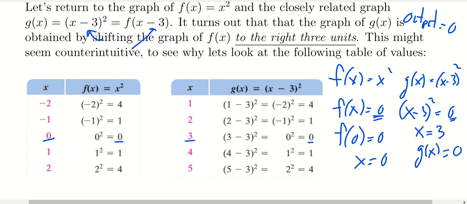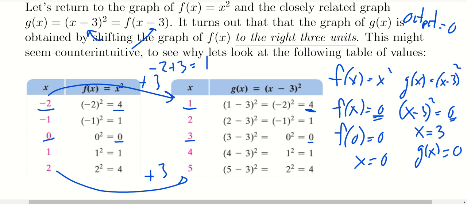Likewise, the value you would get if you plug negative 2 into the function f would be obtained by plugging in negative 2 plus 3 more, which would be 1, into the graph of g. So the effect is that each of these outputs occurs at a value of x that is 3 more than the original for f, right? All of these x values are 3 more, and if you're increasing each x value by 3, the effect is that it's going to take the graph and shift it 3 units to the right.